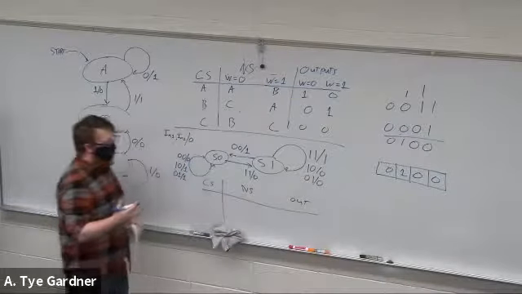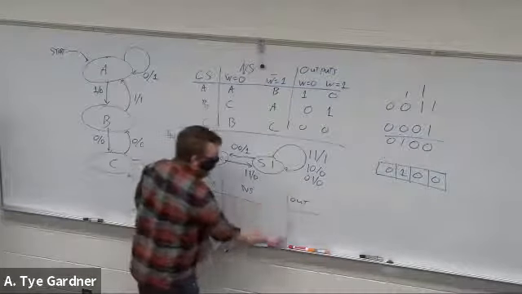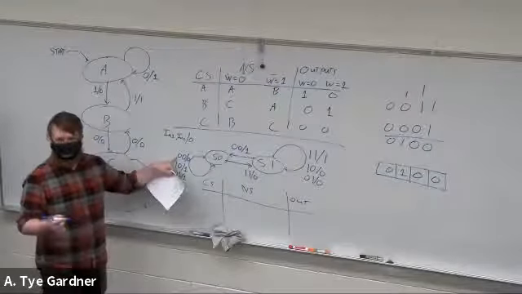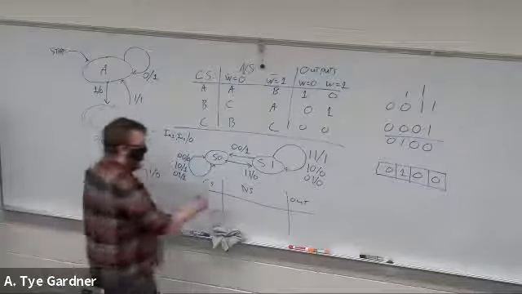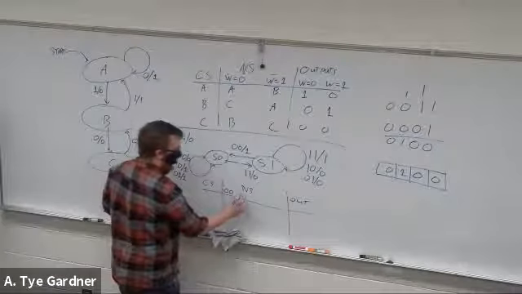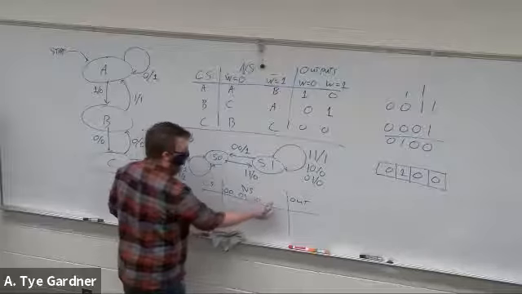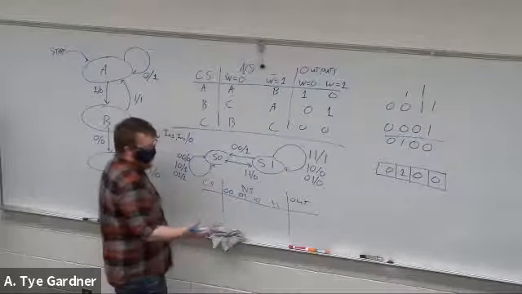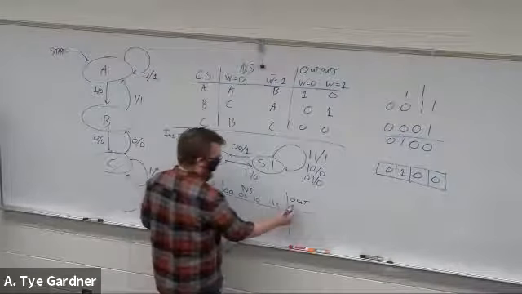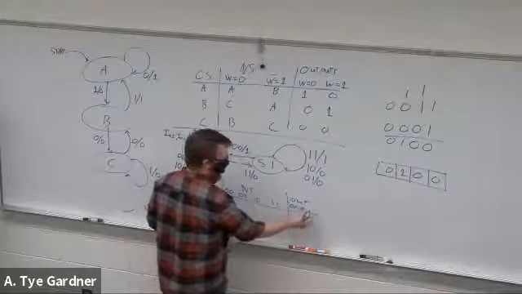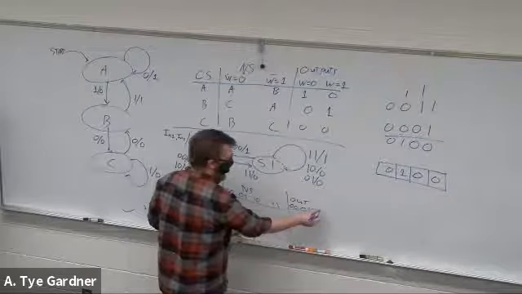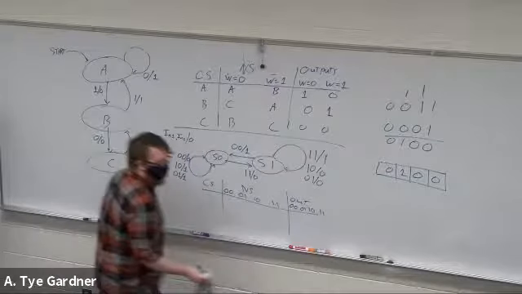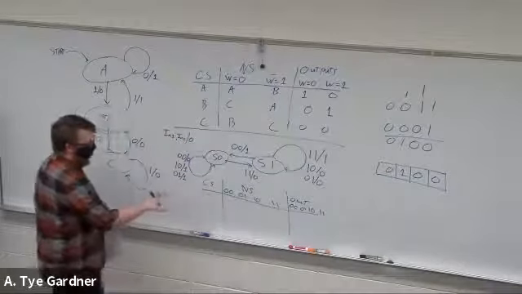But it has a bit of a difference here in the next state and out because we actually have two input bits, right? So we could have 0 0, 0 1, 1 0, or 1 1. And then my out has the same issue. But now I can go and fill this in.